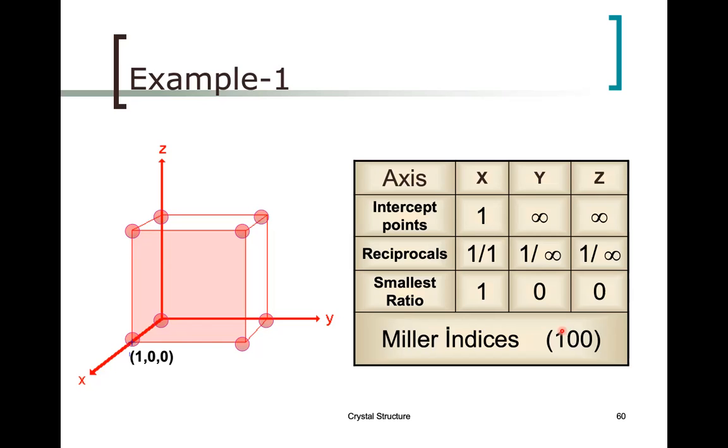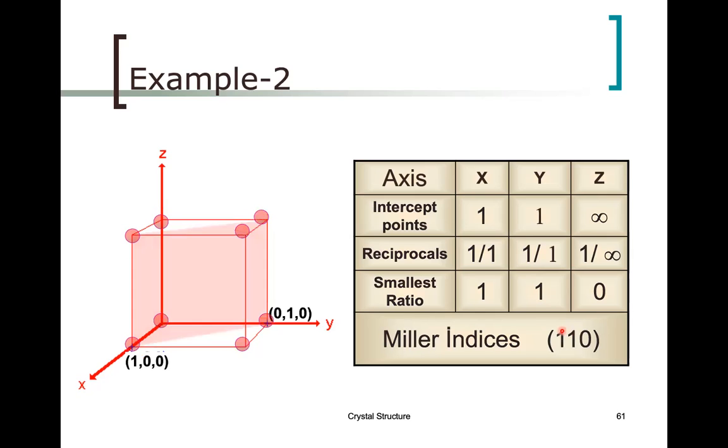Let's look at another one so that you can start visualizing them. This one passes through the point 1, 0, 0 and also through the point 0, 1, 0. You can see that there's a plane that goes through there. So this is not just this little cube. It would be an actual plane that goes all over the space.